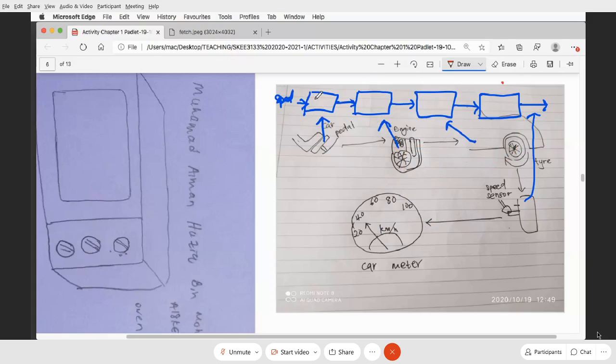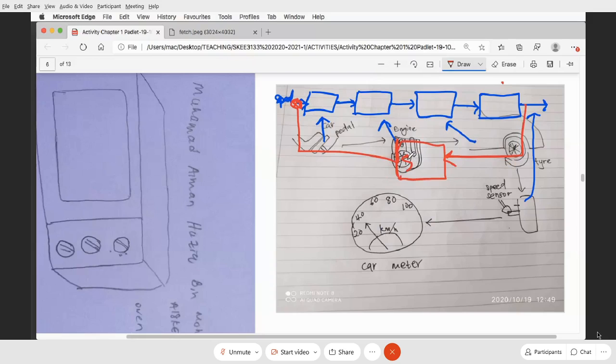We compare here what is the current speed. Okay, but it's still manual, but a closed loop system. Closed loop because you monitor the current speed and compare with the desired speed that you want.